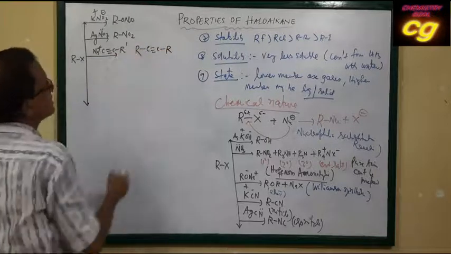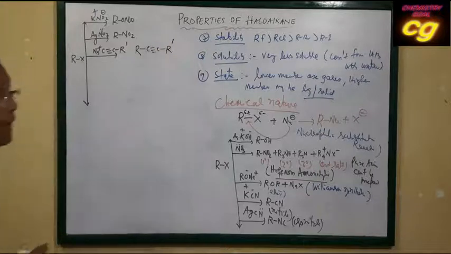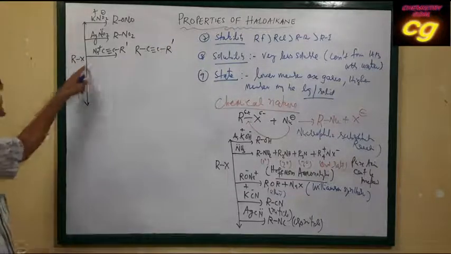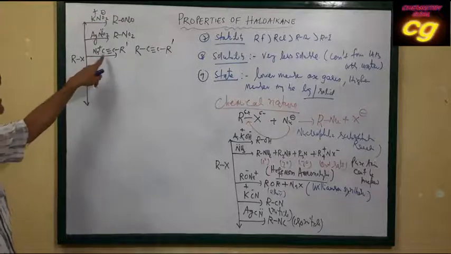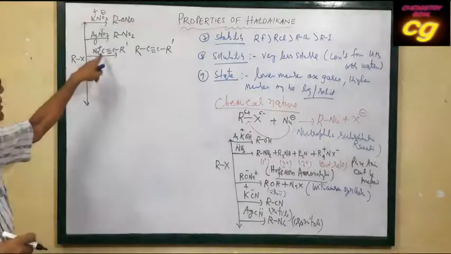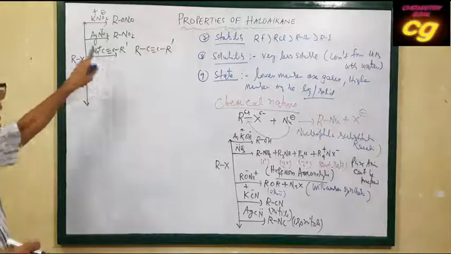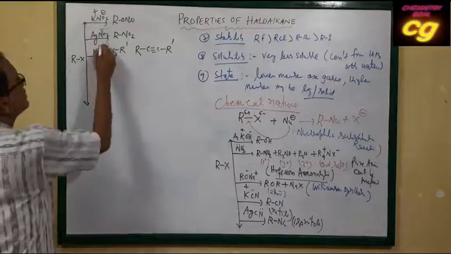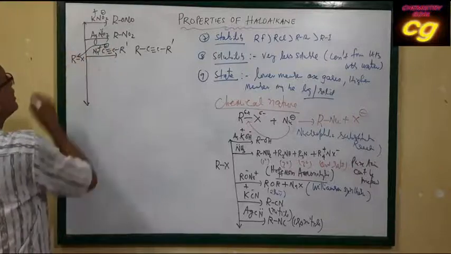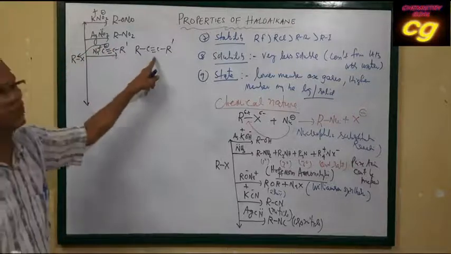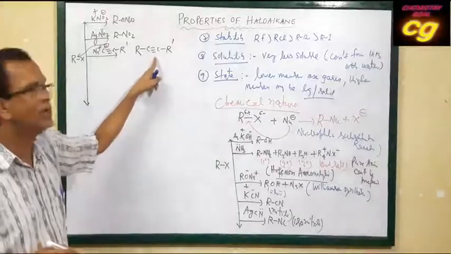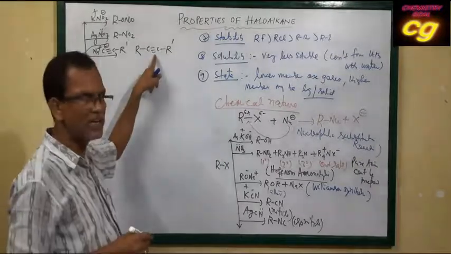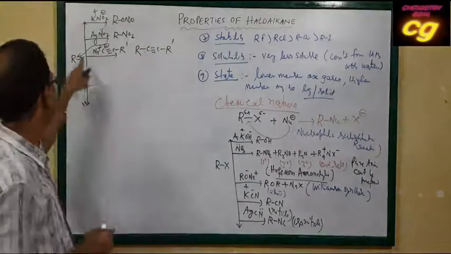Suppose this is R dash, it will be R dash. Higher alkyne can be prepared from haloalkane using acetylides. If you add sodium salt of acetylide to haloalkane, what is produced? As it has minus charge, it attacks R, forming a nucleophilic substitution reaction, that is, the nucleophile will be substituted in R.